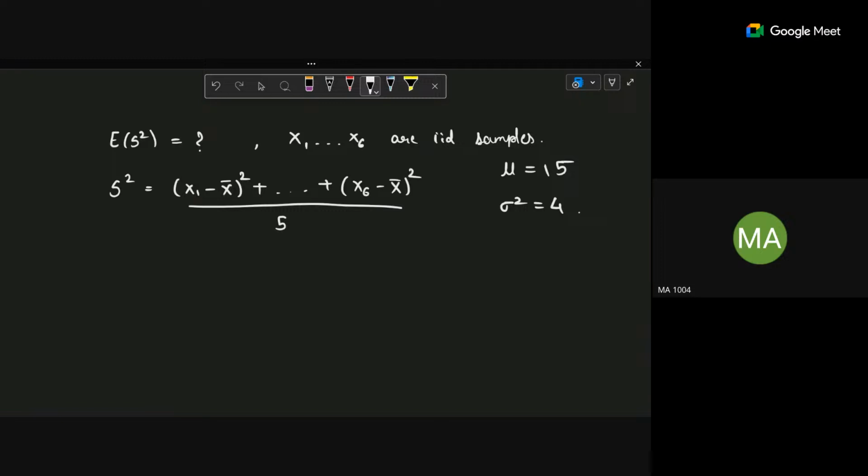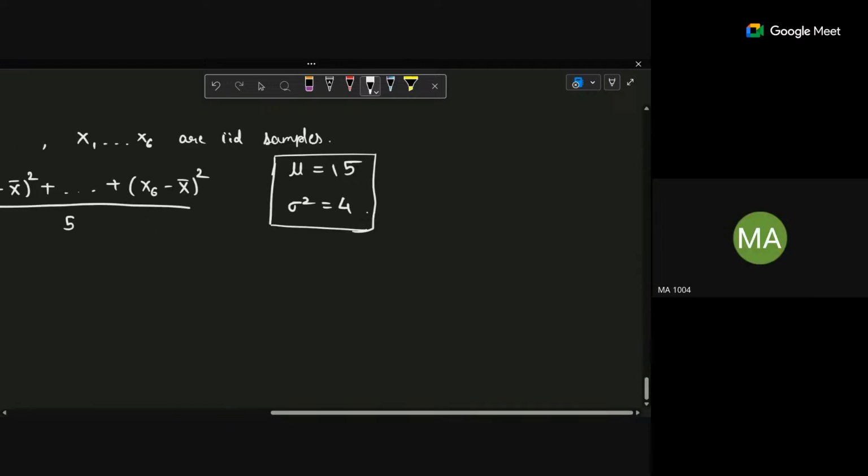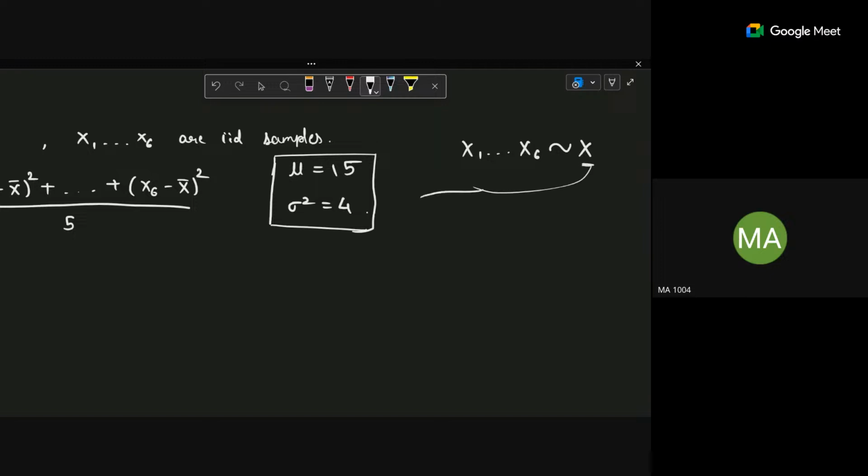So my question at that time was what this mu and this sigma square are. This is mean and variance, but of what? See, in this kind of question, when you say your x1 to x6 are IID samples, they might be following a distribution similar to some random variable, let's say X, whose mean and variance are these.